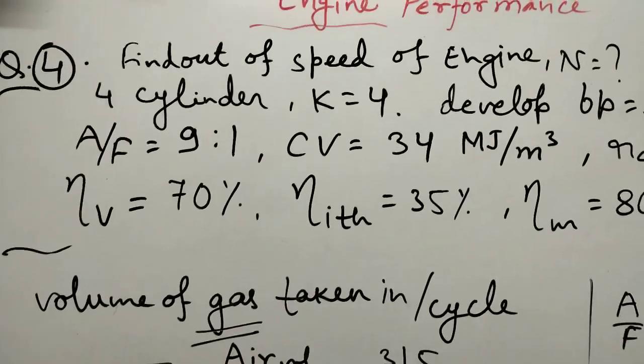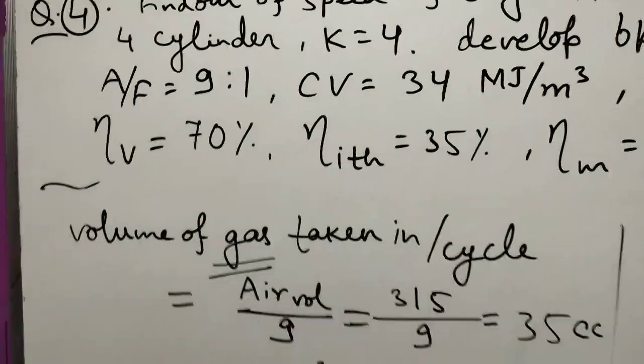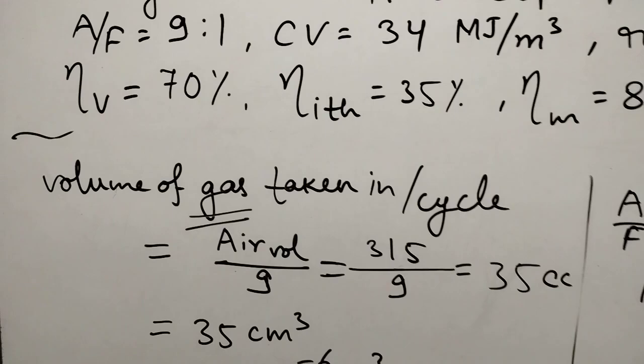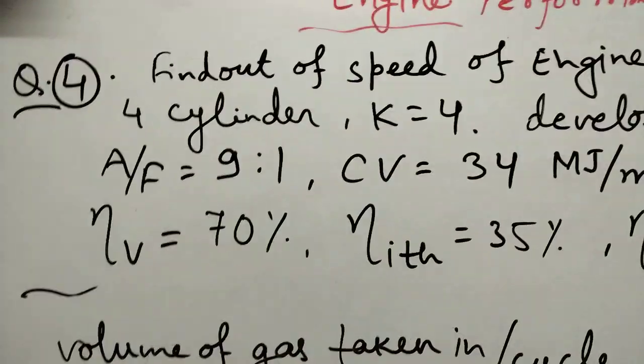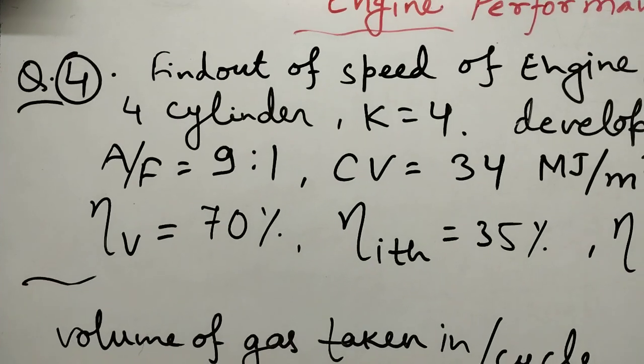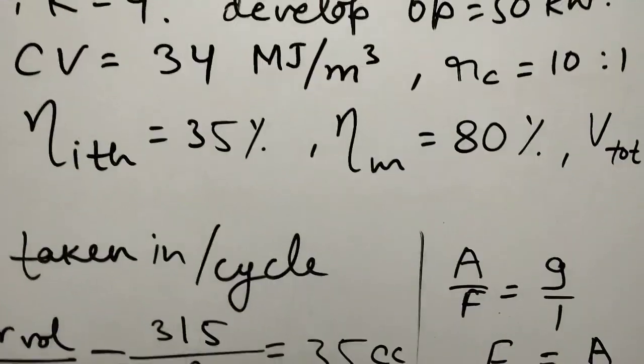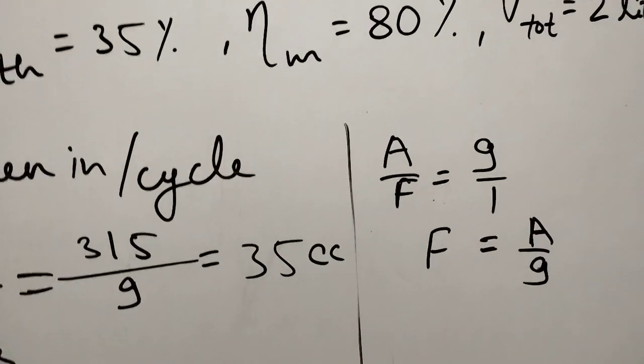Now we find the volume of the gas inserted inside the cylinder per cycle. The air fuel ratio is given as 9:1.